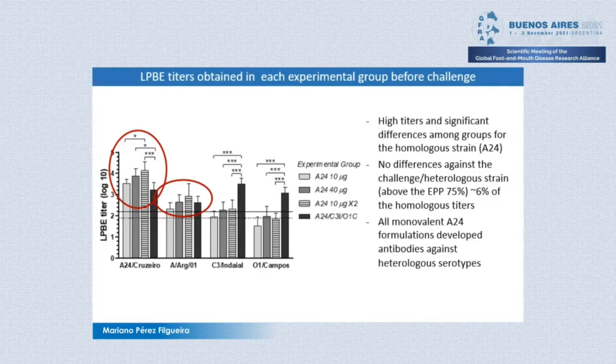One thing that is also interesting, and may also be related to the kind of assay, is that even when the animals did not receive the strains C3 Indaial or O1 Campos, all of the monovalent vaccine groups have antibodies against these two strains.